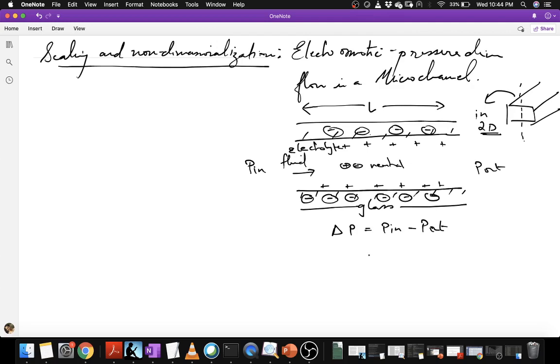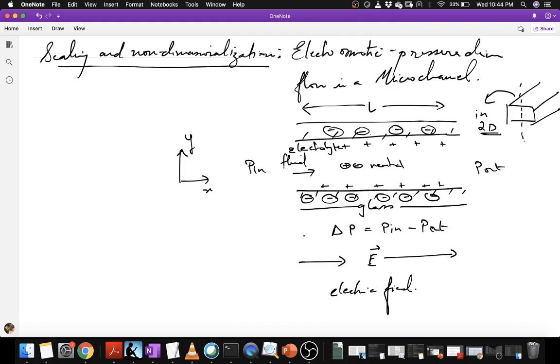In addition, I can apply an electric field which points in this forward x direction. So let me set up a coordinate system x. The cross channel direction is y. So in addition to the pressure flow, I'm applying an electric field by having two electrodes on either side connected with a potential difference.